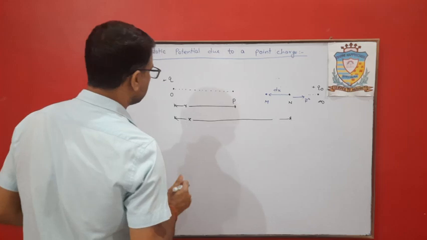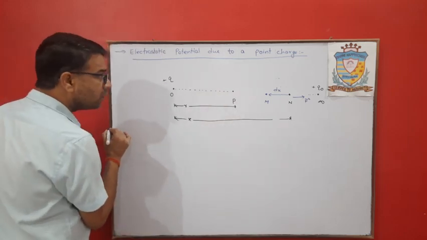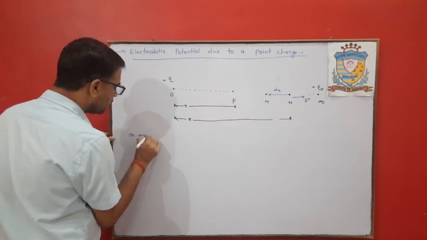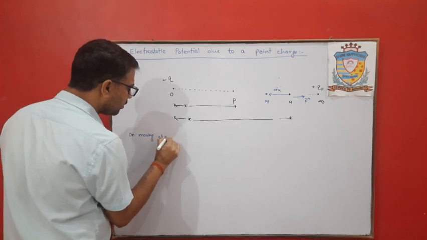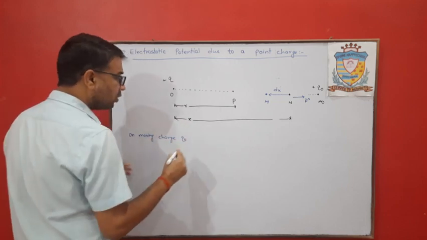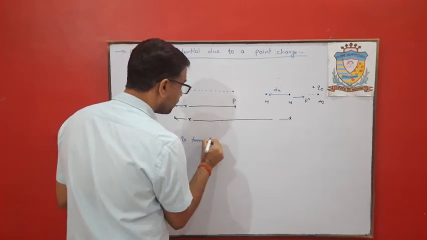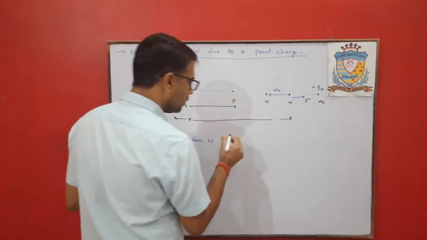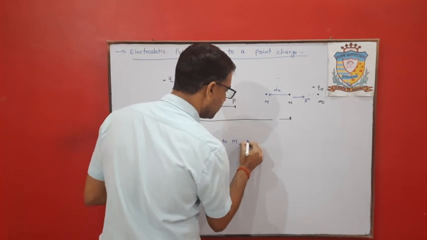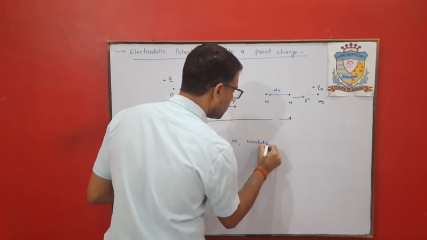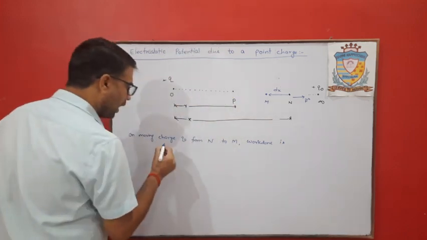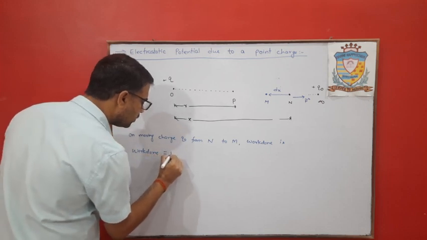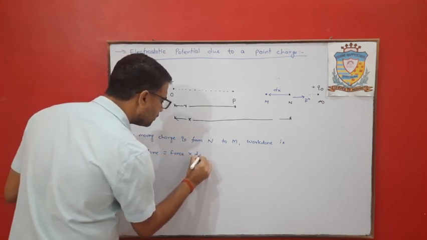So, N to M. On moving charge Q naught from N to M, the work done is equal to force into displacement.